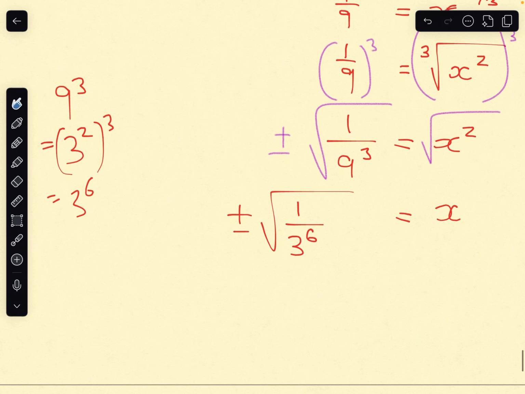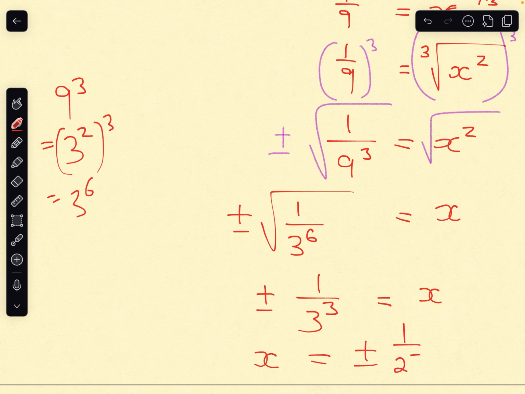And the square root of that would be 1 over 3 to the 3. So that is x is equal to plus or minus 1 over 27.